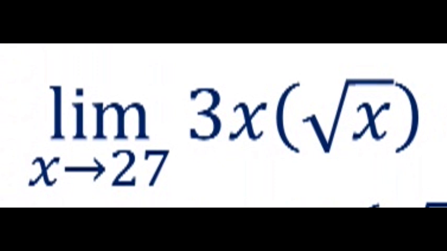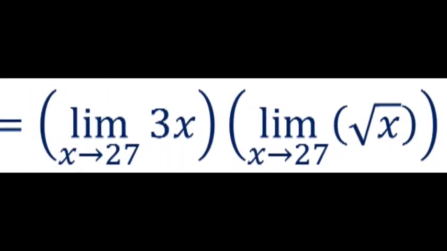Sample number 2. Limit of 3x times square root of x as x approaches 27. So it's becoming more complicated because we combine the product and the root of a function. On that, since we have the product, separate each function, then get the limit, since we studied that in the previous theorem, so we're going to use it. Okay, separate 3x by square root of x. So the limit of 3x as x approaches 27 times the limit of square root of x as x approaches 27.